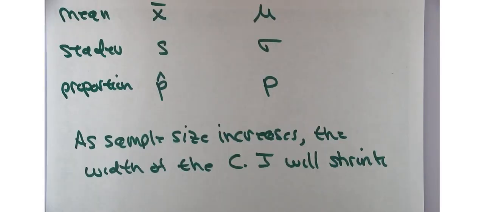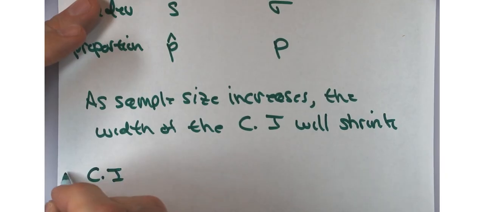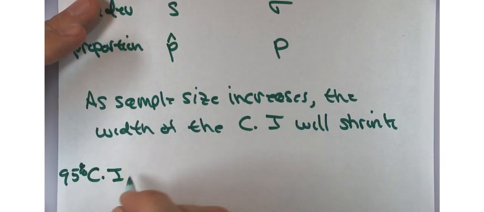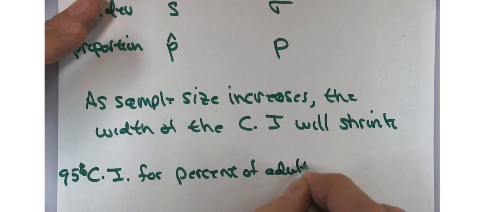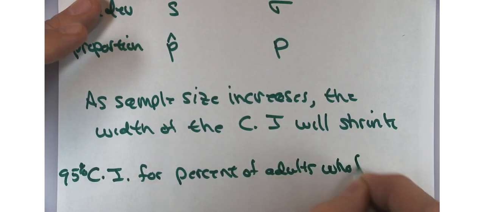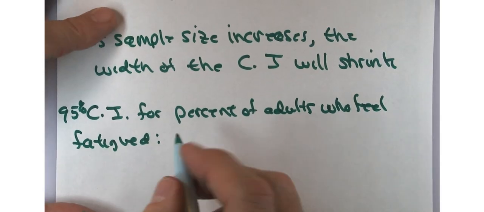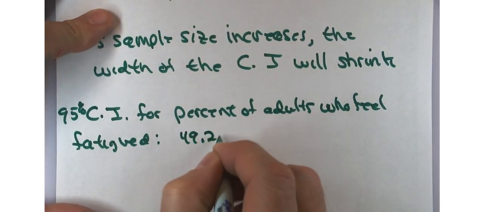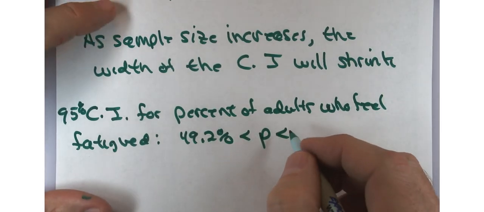That 95% confidence interval for the percent of adults who feel fatigued would be something like this: 49.2% is less than p is less than 67.2%.